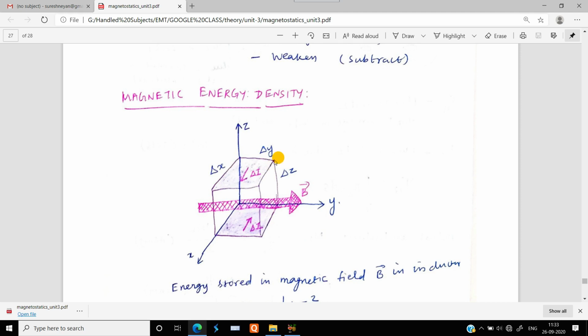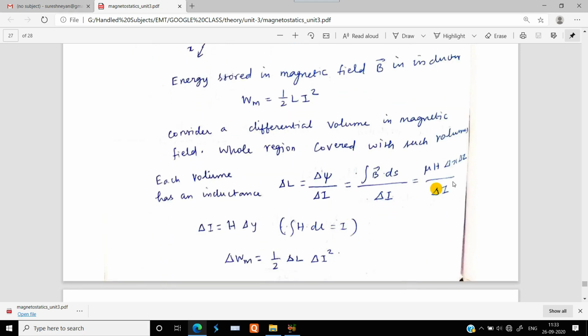The surface faced by the B vector is represented by two axes, x and z. So the surface is represented by del x and del z. So we have mu H into del x into del z divided by del I.